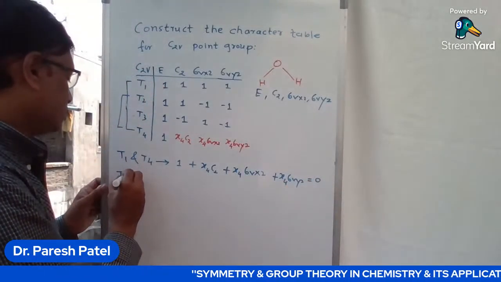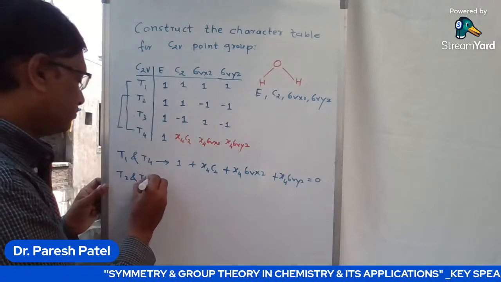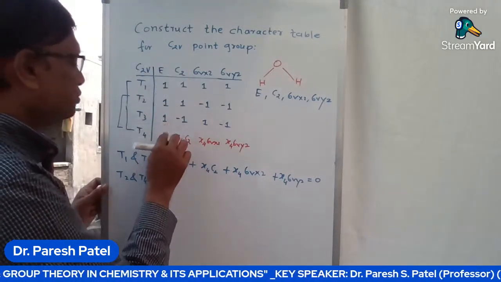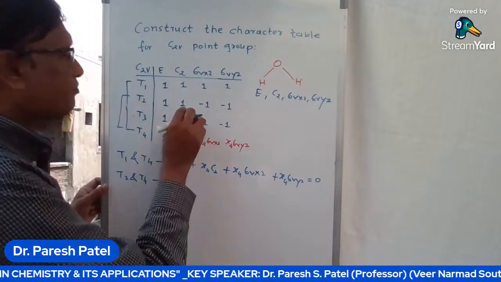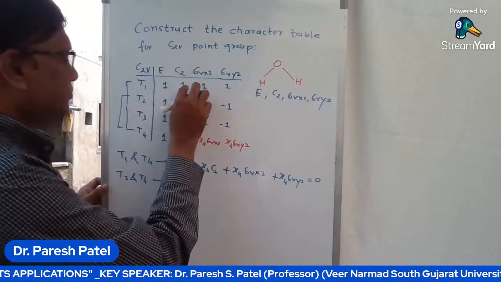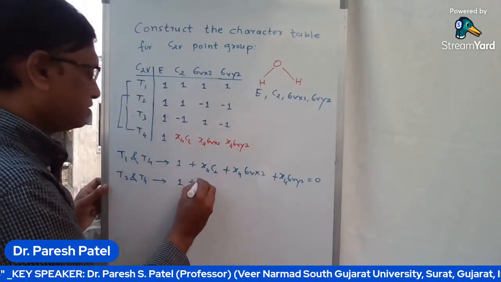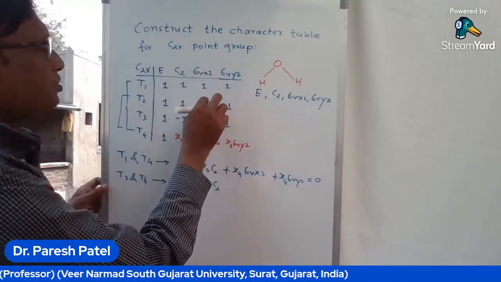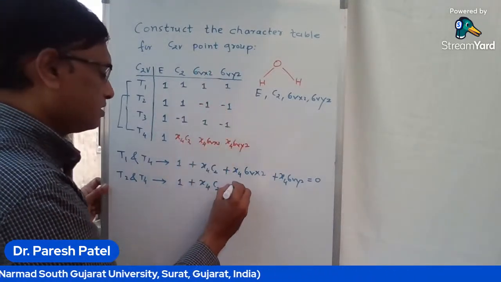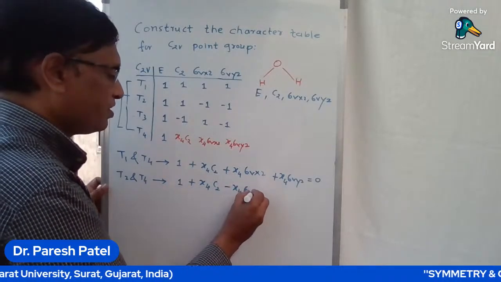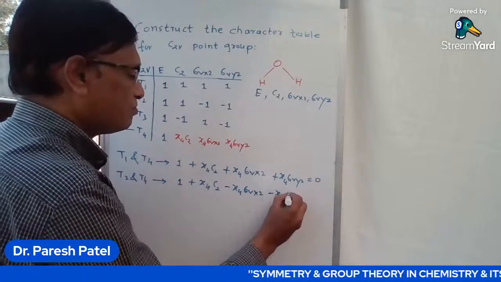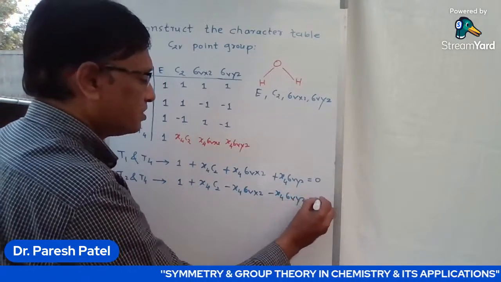Then T2 and T4. So 1 into 1 into 1 is equal to 1, 1 into 1 into character 4 C2, 1 into minus 1 character 4 sigma Vxz, again minus 1 character 4 sigma Vyz is equal to 0.